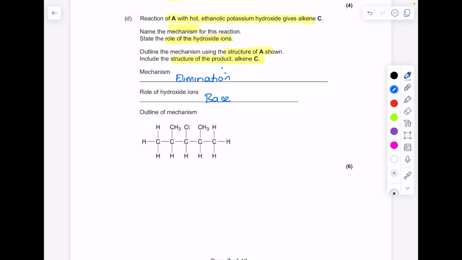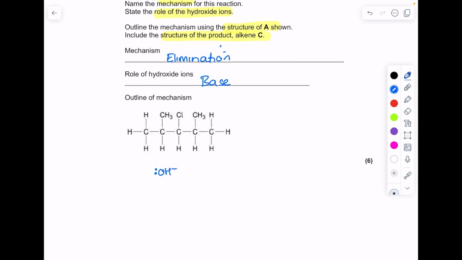Here we're going to outline the mechanism. Look for where your halogen is attached. I'm going to attack this hydrogen here using the lone pair. There's my curly arrow, causing the double bond to form here, and we'll lose the chlorine. It will be eliminated, and then just replace your atoms. Here's your double bond. That hydrogen remains.